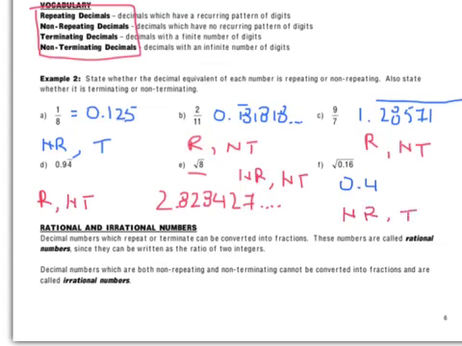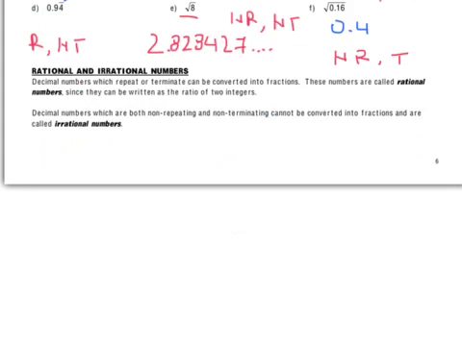Okay, so let's revisit our definitions again. So we're looking at rational numbers first. So rational numbers are decimal numbers which repeat or terminate and can be written into a fraction.